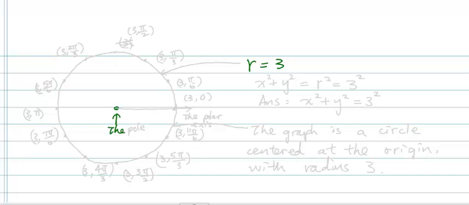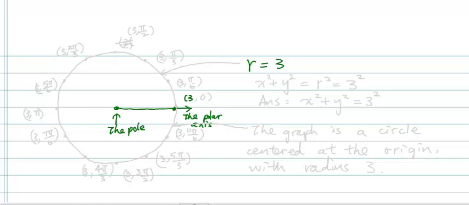We mark a point in the middle, we call it the pole, and then we draw the polar axis. The equation r equals 3 means no matter what the angle is, the directed distance from the pole is always 3.